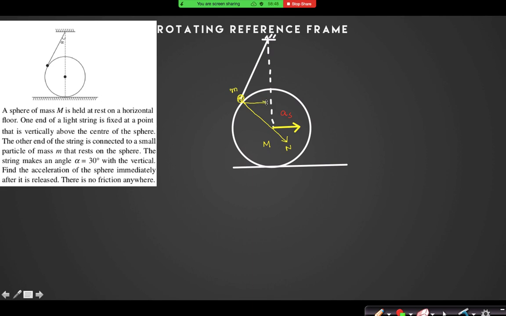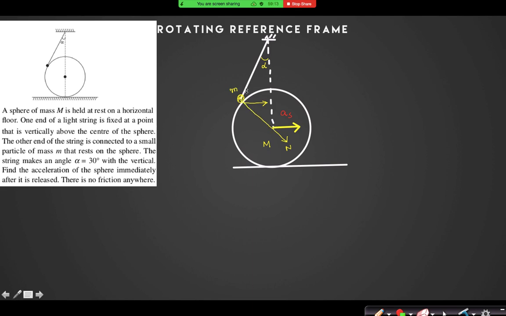Can you check that the angle is 90 degree? Is it 90 degree? Which angle? The angle between the rod and the line from the center. No, it's not 90 degree. This angle is alpha. Sir, between the mass, the line connecting the center of the sphere and the mass with the rod, is that 90 degree?